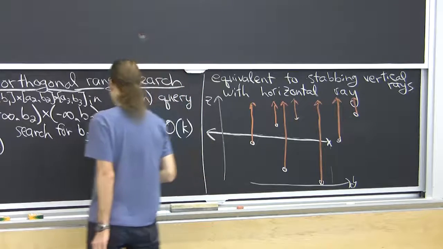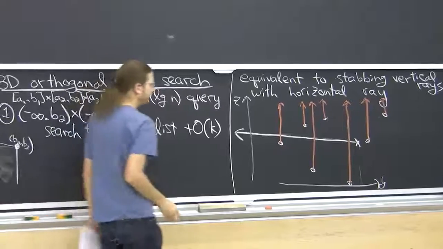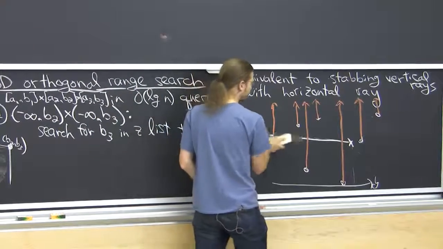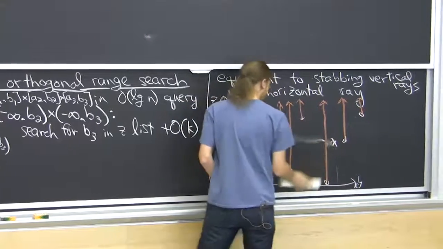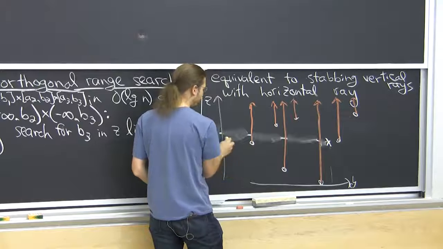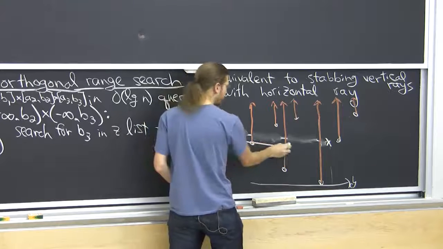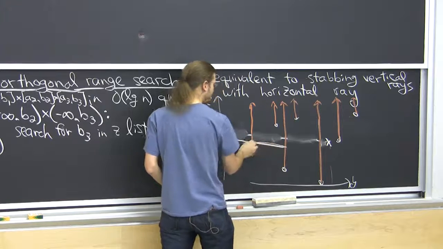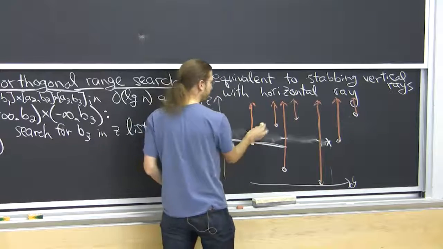And the way that Chazelle did this, I'm going to erase the query ray, is to decompose the plane in a pretty simple way. We're going to draw a horizontal segment from each point. We're going to extend it to the right until it hits something, extend it to the left. In this case, it goes off to infinity.